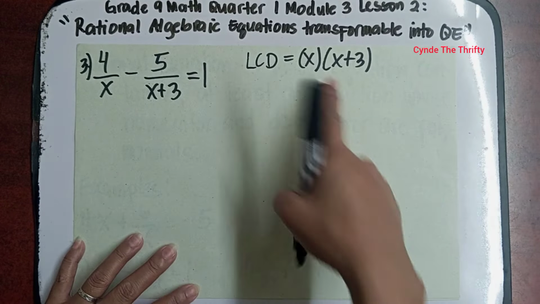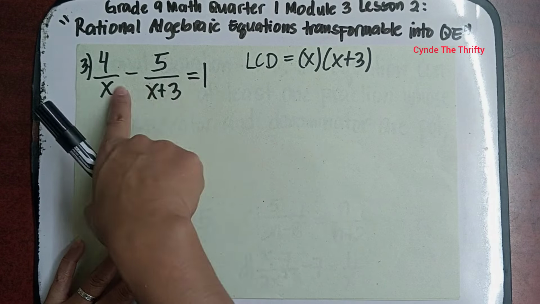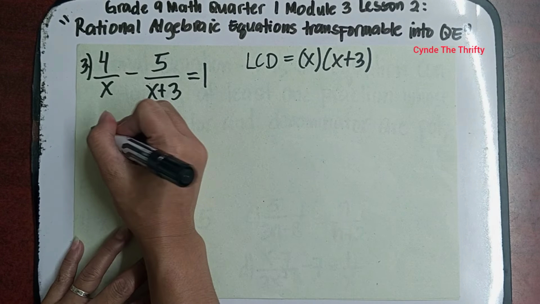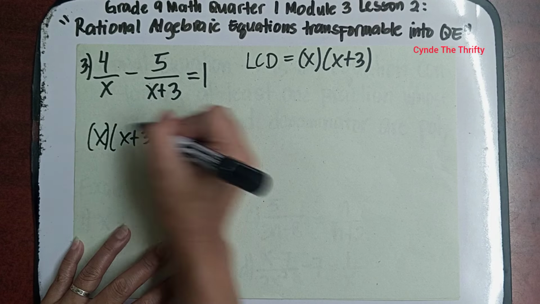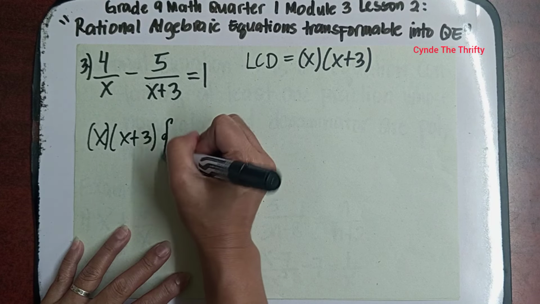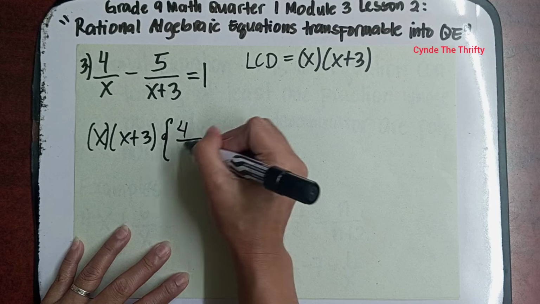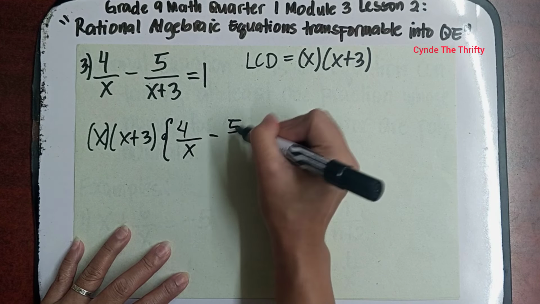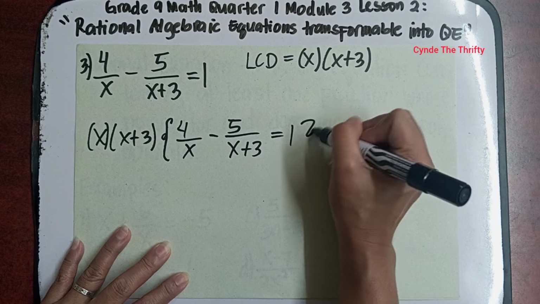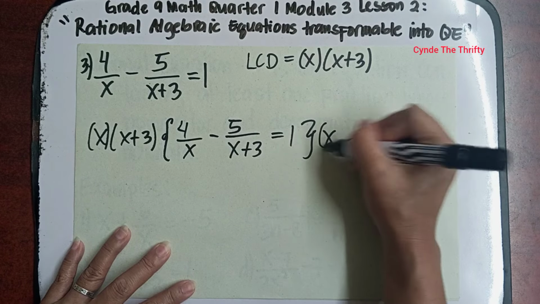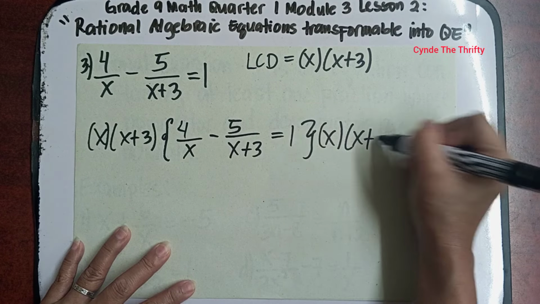Meron na tayong LCD, so i-multiply natin both sides sa ating LCD. Tapos, ang ating equation, 4 over x minus 5 over x plus 3 is equal to 1. Okay? So, x multiplied by x plus 3.